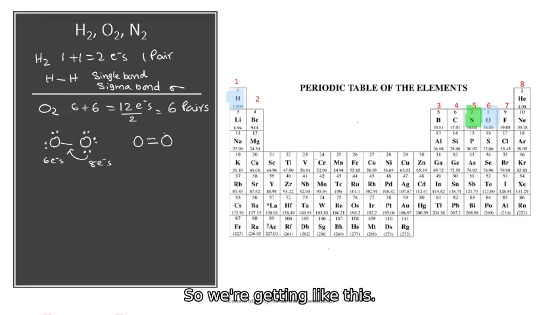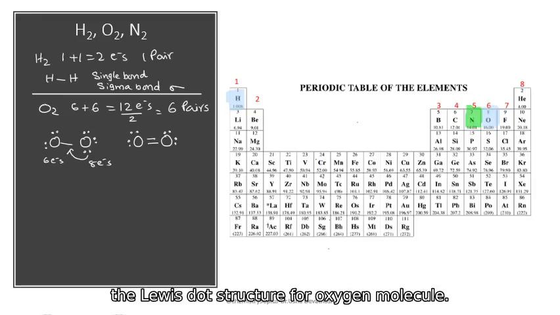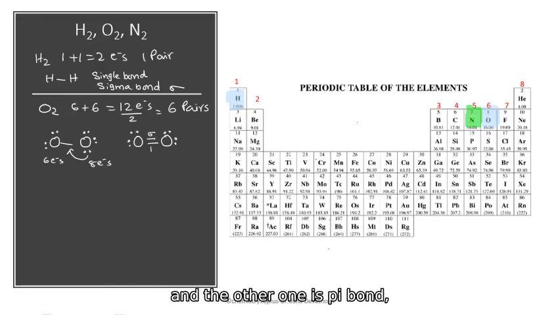So we are getting it like this. This is the Lewis dot structure for the oxygen molecule. We now have 8 on each oxygen atom, and one of the bonds is a sigma bond and the other is a pi bond. So this is a double bond.